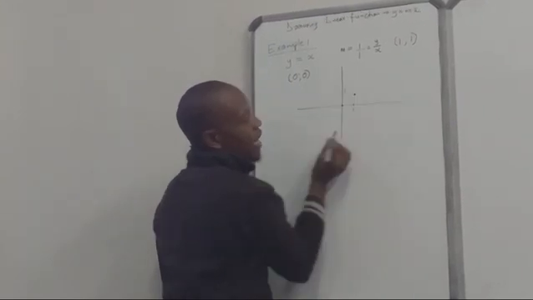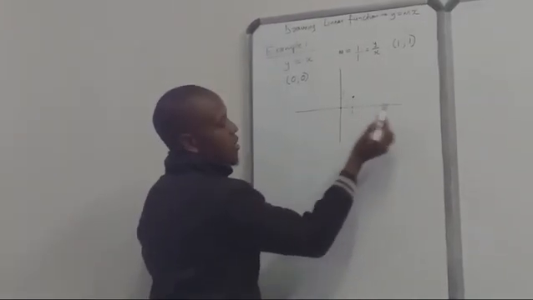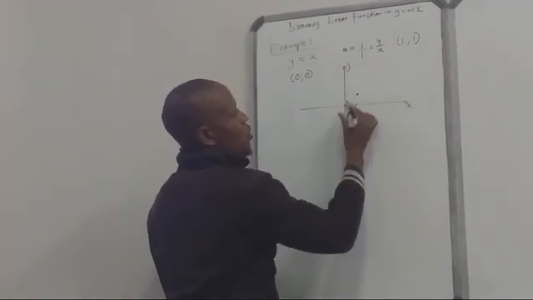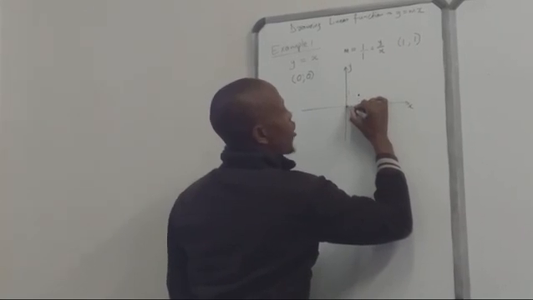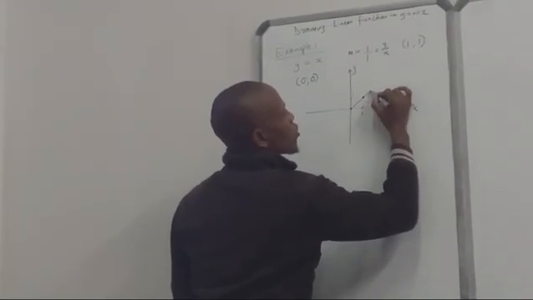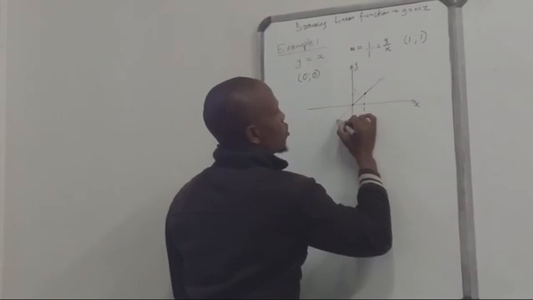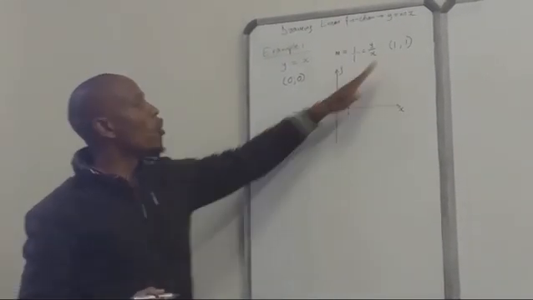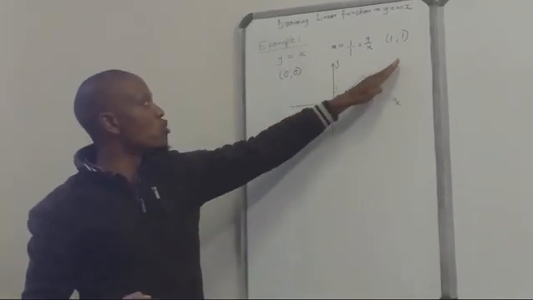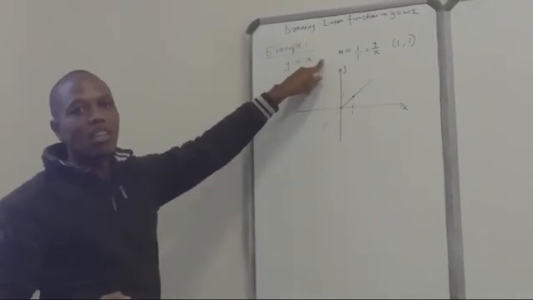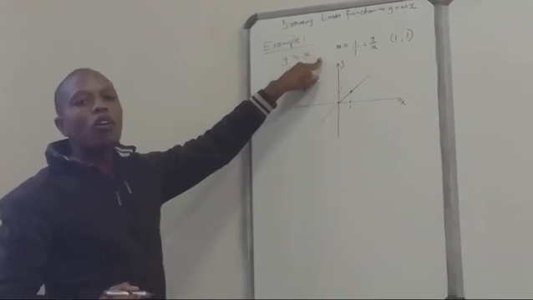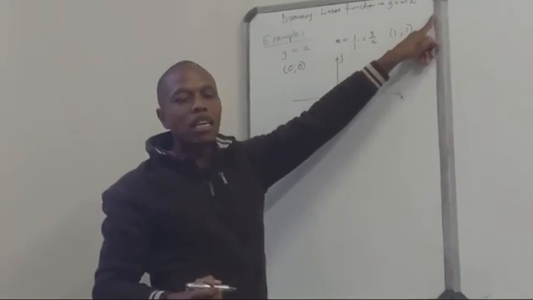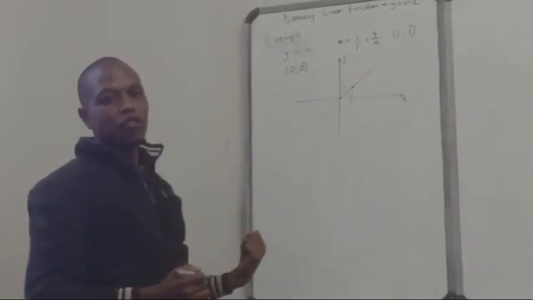And then where they intersect, you write a point. This is your x, and that is your y. Then you connect those 2 points and you do your straight line. Don't forget to put the arrows, because this is continuous. If it's not continuous, we are going to put a restriction there. But if it's without a restriction, it means it's going to positive infinity and also to negative infinity.